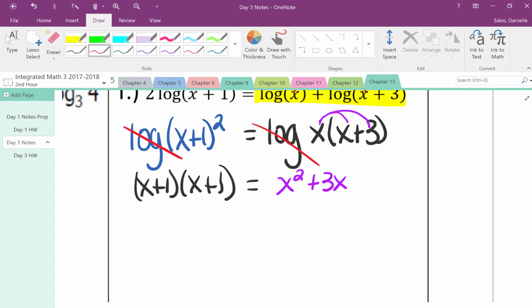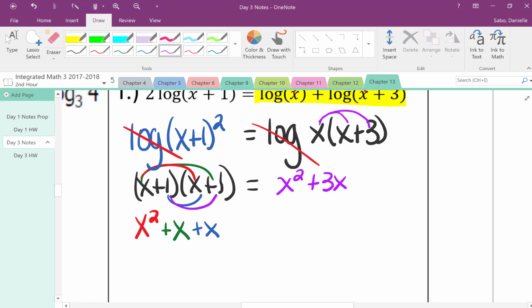So I'll color code it here. First, x times x. Very good. And then I have x times 1 in green, plus 1x, or just x. And then in blue, 1 times x again. And then here in purple, 1 times 1. Very good. I'm going to bring everything else in black so that you know that nothing changed.